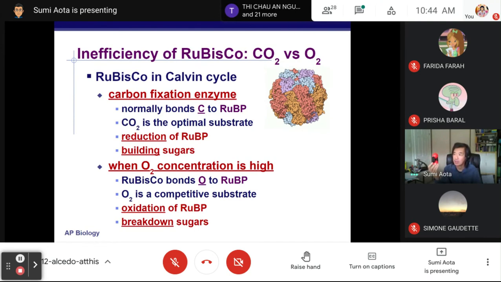Considering this is 20% and this is about 0.03%, the likelihood of Rubisco binding O2 rather than CO2 is really, really high. And when Rubisco binds O2, O2 is a competitive inhibitor of Rubisco, it oxidizes RuBP and breaks the sugar down, which is problematic.